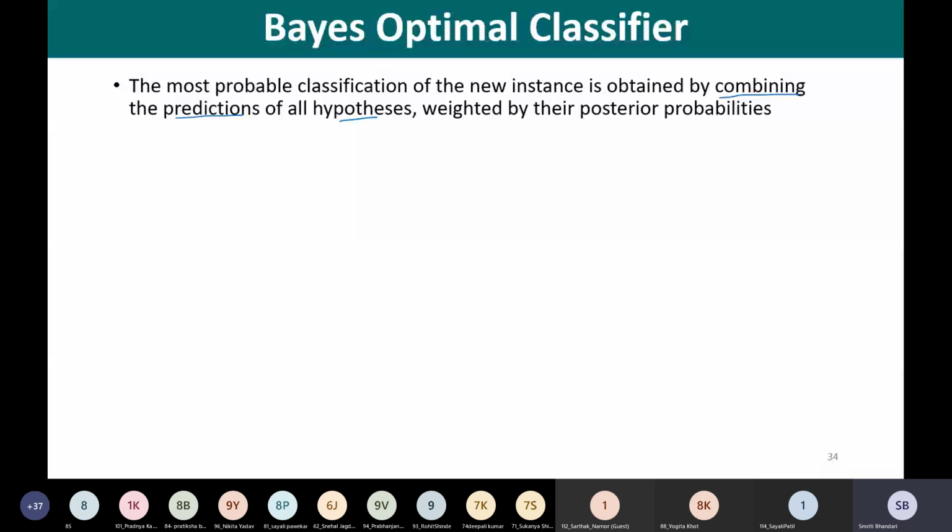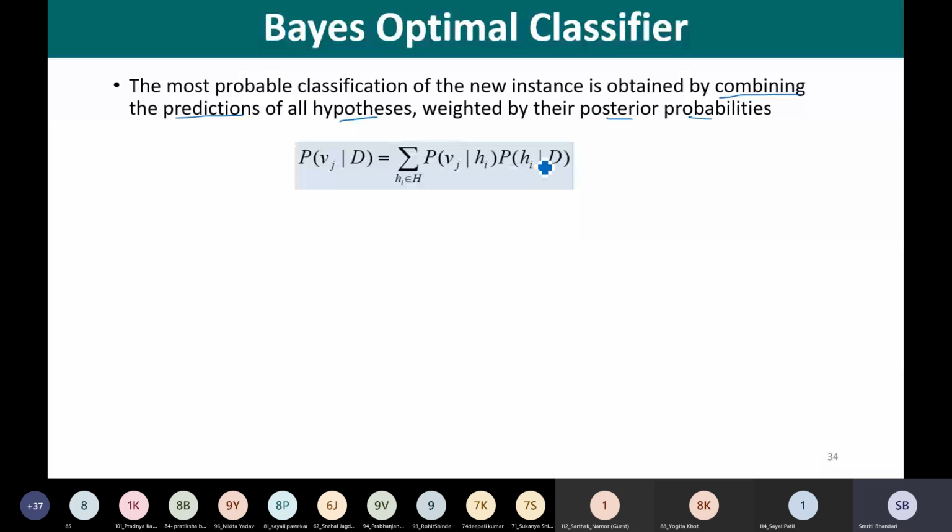So, we come up with this expression: probability of Vj given D is equal to summation over Hi belongs to capital H, that is our hypothesis space, probability of Vj given Hi into probability of Hi given D. So what is this Vj here?